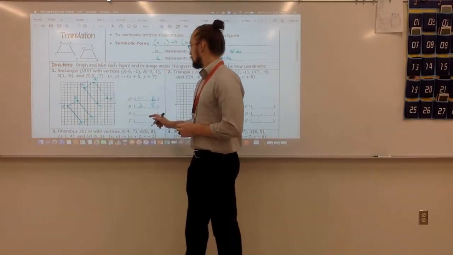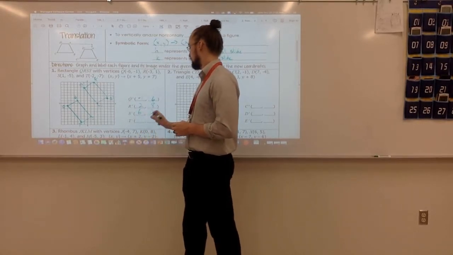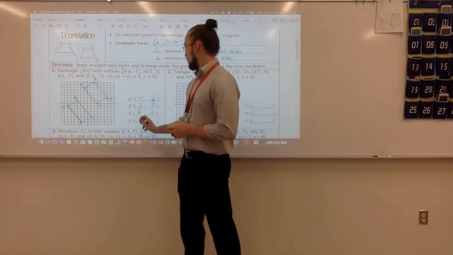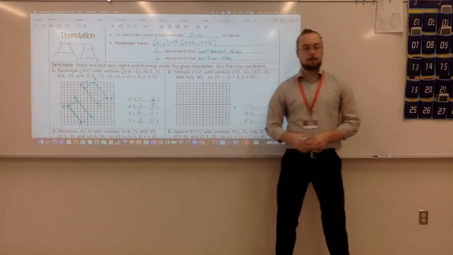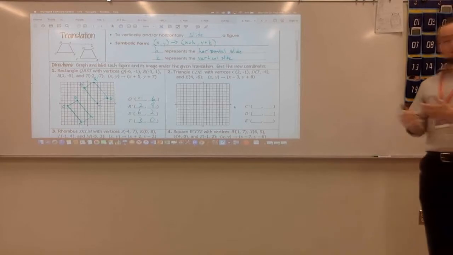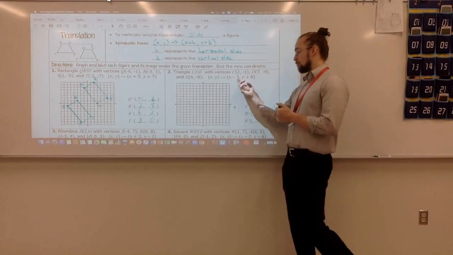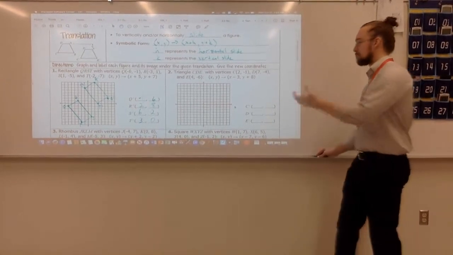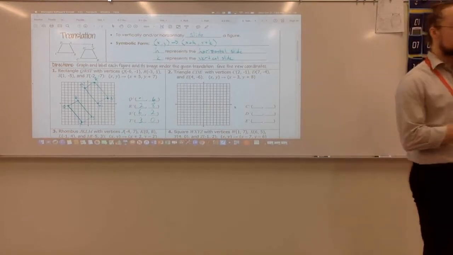S prime will be at (6, 2). T prime will be at (3, 0). So this is pretty straightforward, right? All we're doing is moving left to right, up or down. Any questions?